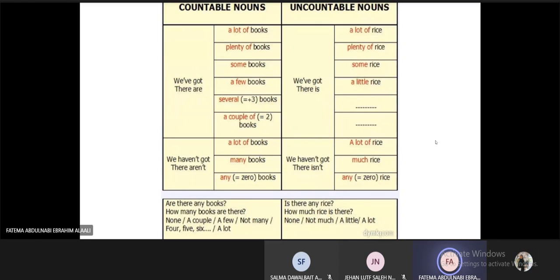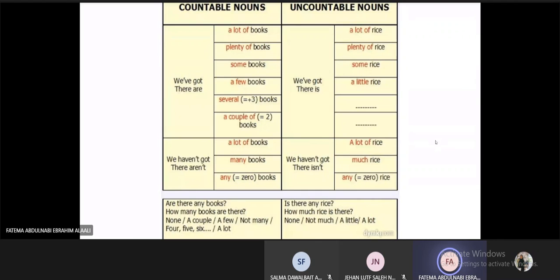We have got a few books. But for the uncountable nouns, we have got a little rice. So the things that we use for countable and uncountable are a lot of, plenty of, some. The things that we only use for countable nouns are a few, plus several, plus a couple of, plus many. The things that we only use for uncountable are a little and much.